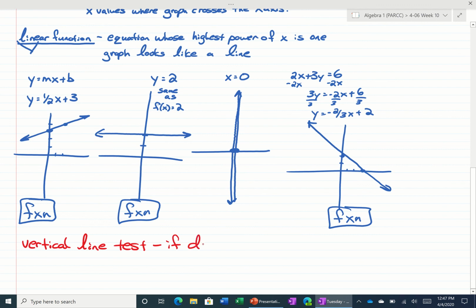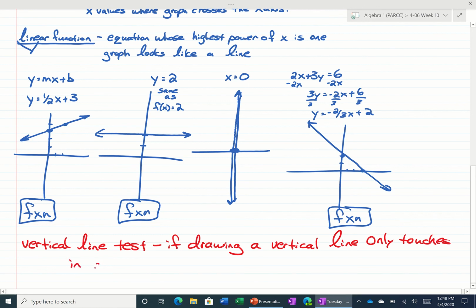So if drawing a vertical line only touches in one place, the graph is a function.